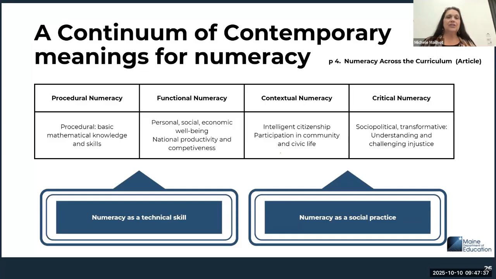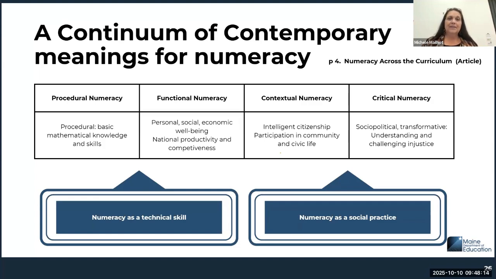When we think about functional numeracy, this is your personal, social, economic well-being, having national productivity and competitiveness. These two categories, procedural numeracy and functional numeracy, get into this bucket of numeracy as a technical skill, right? Going back to those basics: add, subtract, multiply, divide. Functional numeracy, applying it to solve problems, things like that.